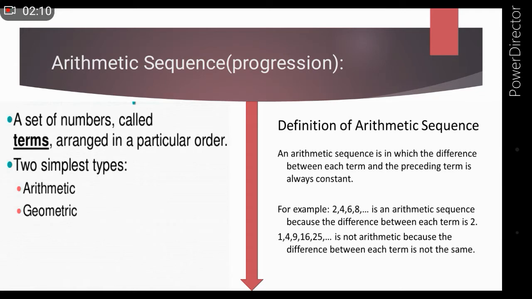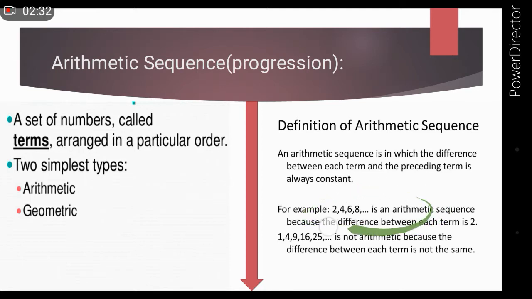How can you identify it? Look at example number 1: 2, 4, 6, 8. Now look at the definition: the difference between two terms remains constant. How can I find the difference?